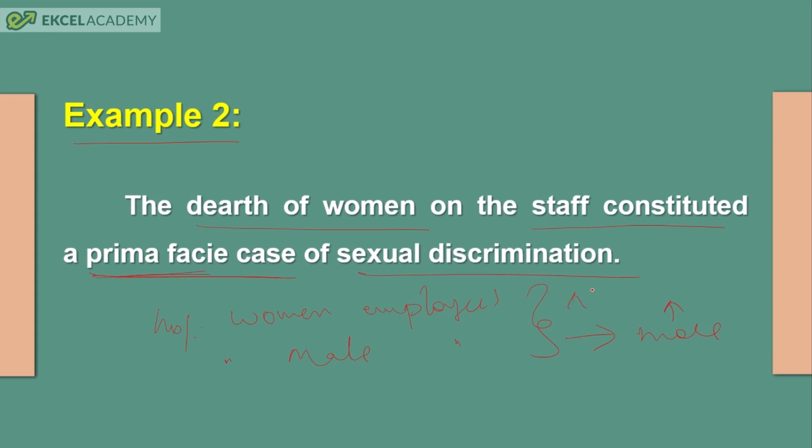The numbers are sufficient to prove that in the organization there is sexual discrimination and the men are given preference over the women. So this is a prima facie evidence that there is sexual discrimination in the organization by appointing less number of women when compared to the male employees in the organization.